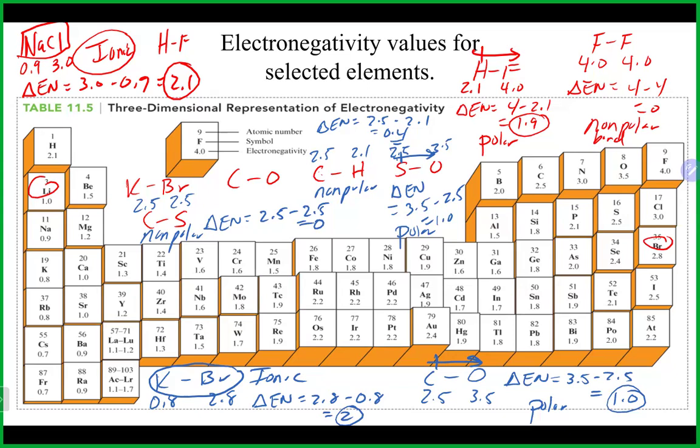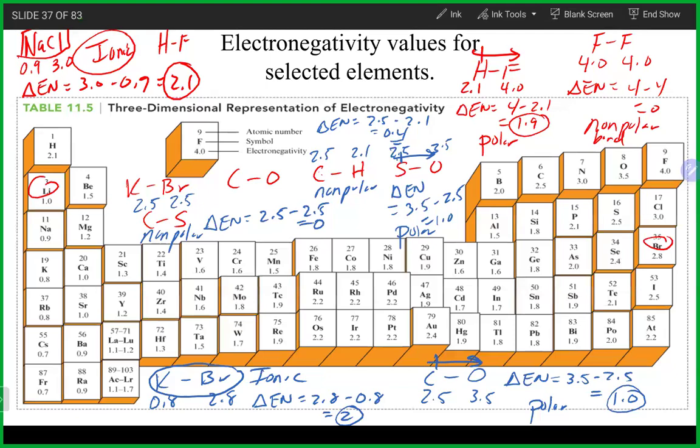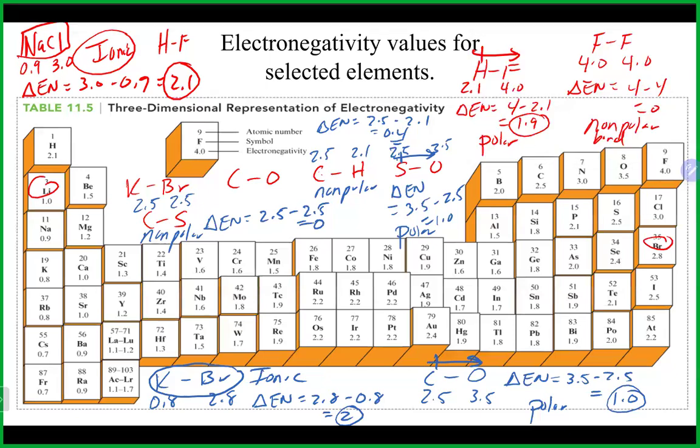All right, so why is that? If we look at the periodic table, there is a reason why that is. If we look at where sulfur and carbon are, they are what we like to call diagonal of each other on the periodic table. So carbon is further up, but sulfur is further to the right, so they basically negate their differences. It's not right underneath, it's kind of down and to the right.